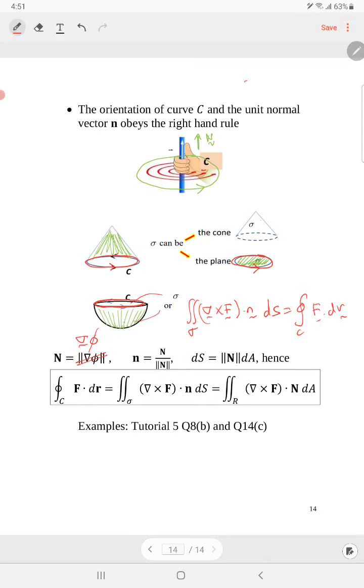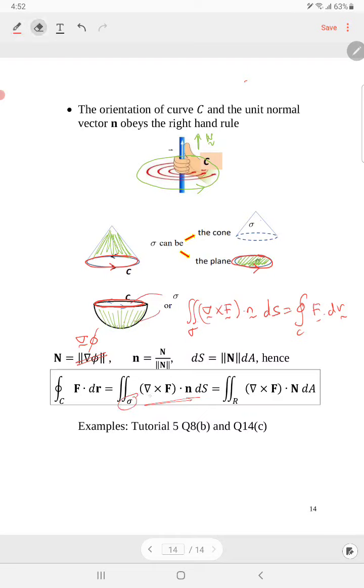So to evaluate Stokes' theorem, let's say you want the integral of F dot dr over curve C. According to Stokes' theorem, this is equal to the integral of the curl of F dot the unit normal vector over surface sigma.